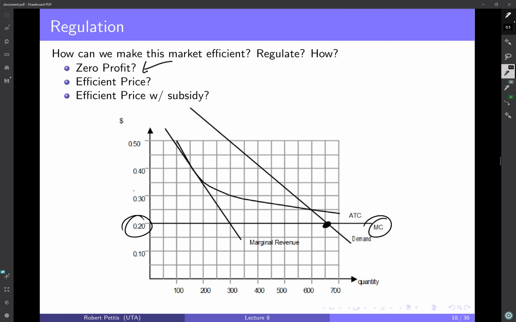Now, if the mechanism that we use to get it to that price is, well, you're going to have to sell it for this price, and you're going to sell it at this quantity as well, then you notice that the price is below the average total cost curve. So this would actually be negative profit for this particular firm. So that's not something that we'd be too interested in doing.